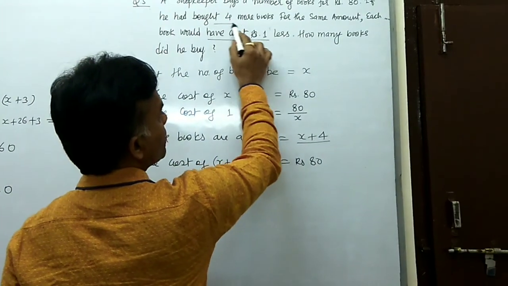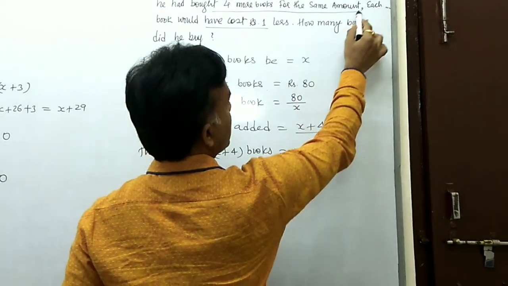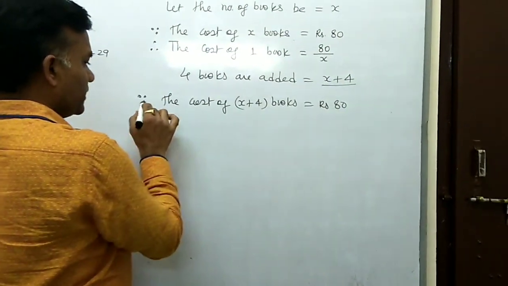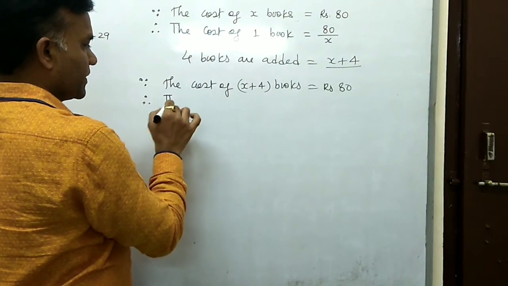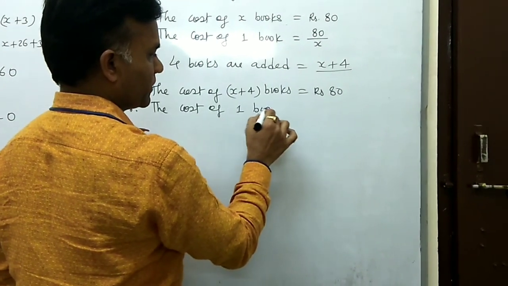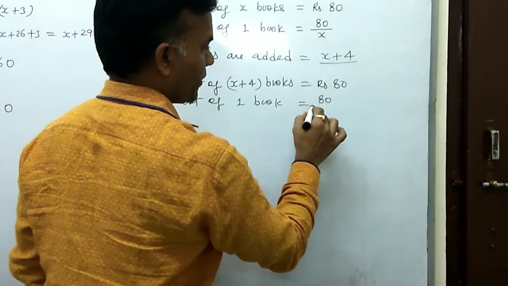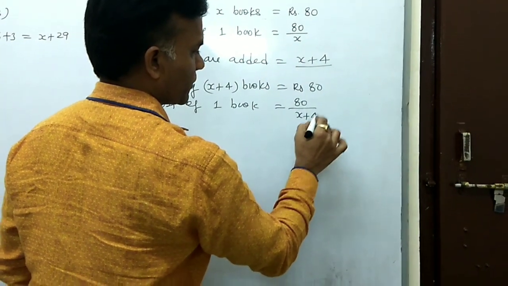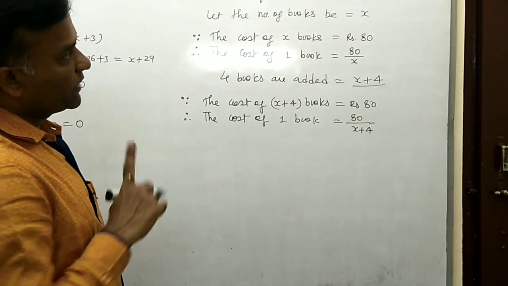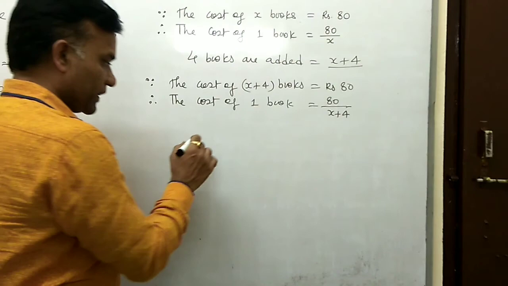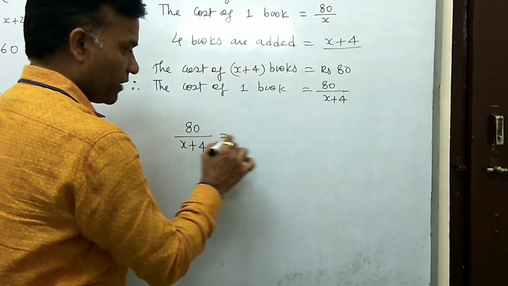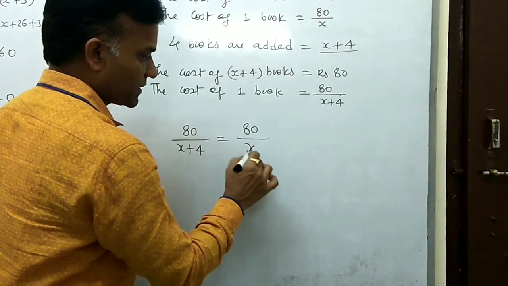Therefore the cost of one book is equal to 80 upon x plus 4. Now compare: since 1 rupee is less, you got 80 by x plus 4, and now you have 80 upon x.